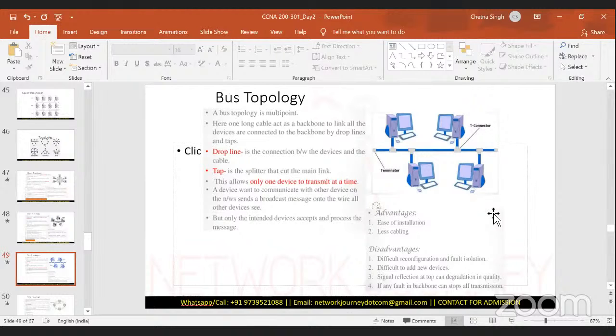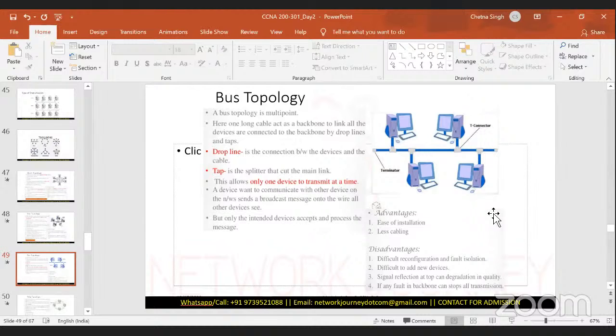The disadvantage is already seen here: it is difficult to add new devices, because the length of the cable decides how many devices can be added. And if any fault is there in the backbone, then obviously all transmission will stop.